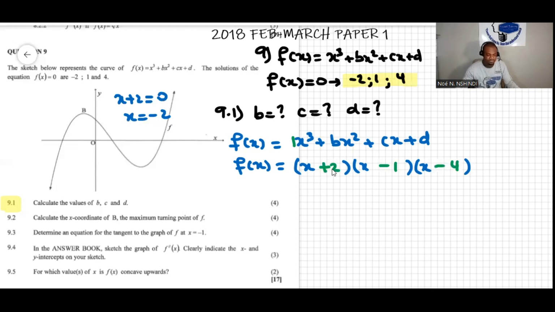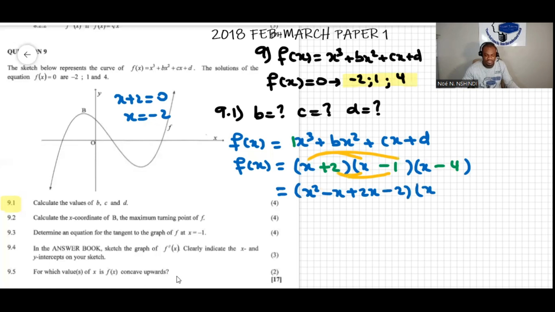Now, let's work it out. Let's first do x times x, and then x times -1, and 2 times x, and 2 times -1. Let's first work these two. x times x makes x squared, x times -1 makes -x, 2 times x makes positive 2x, and then 2 times -1 makes -2.